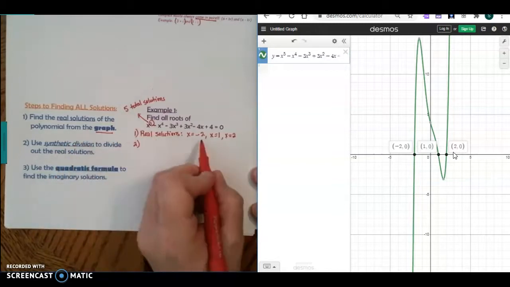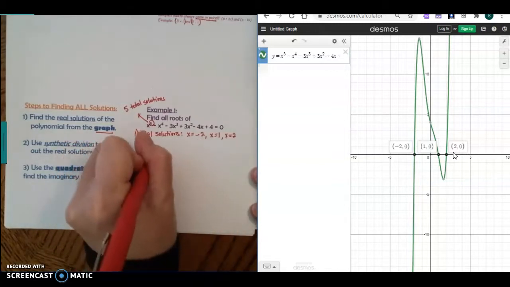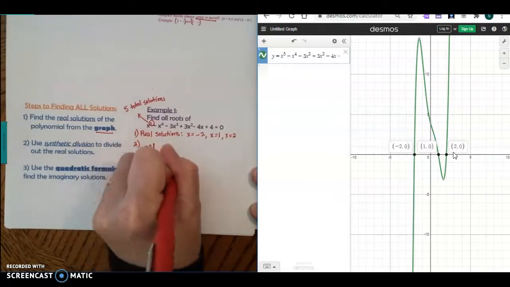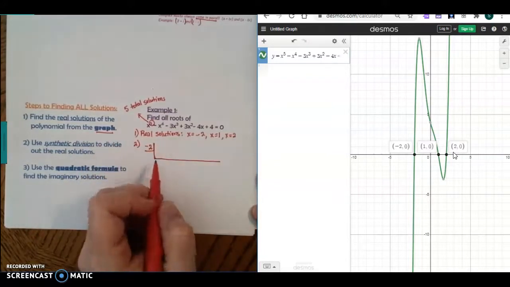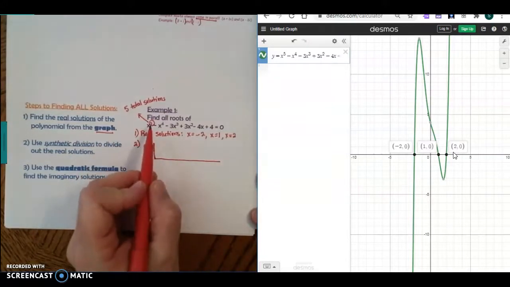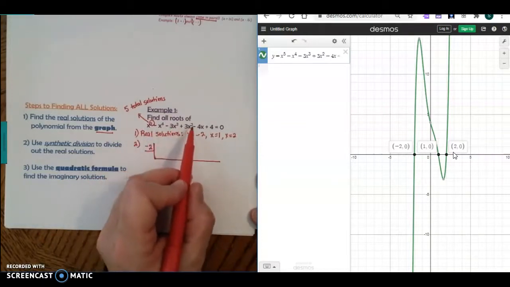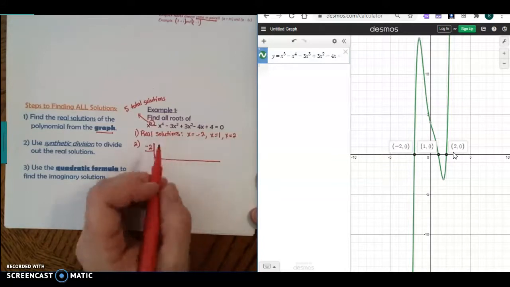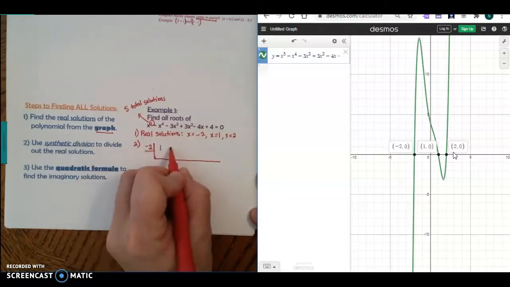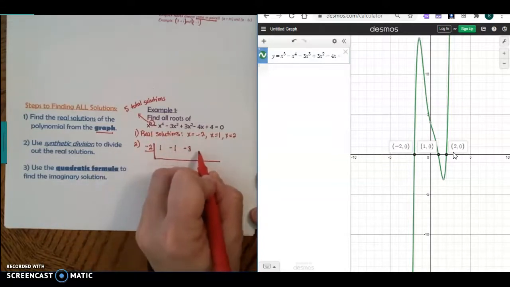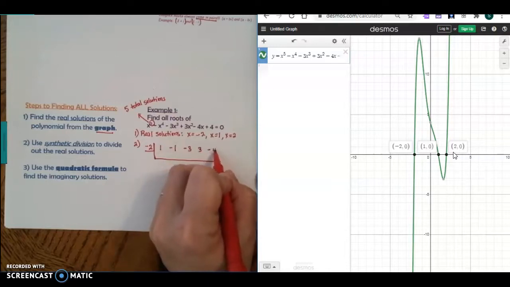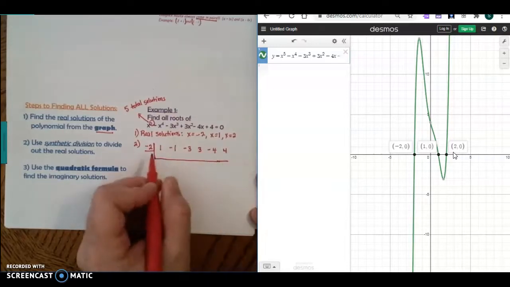Alright, so I'm going to take the first one, negative 2, I'm going to put it in the box, just like you learned yesterday with synthetic division. And then make sure you don't need a placeholder, so you've got x to the 5th, 4th, 3rd, squared, first, constant. So we're good, so take all your coefficients. And we're going to do synthetic division.